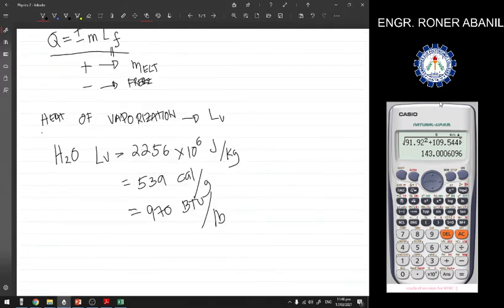So, that's it. So, sinasabi na it takes 2.256 times 10 raised to 6 joules to change 1 kilogram of liquid water at 100 degrees Celsius to 1 kilogram of water vapor at 100 degrees Celsius.